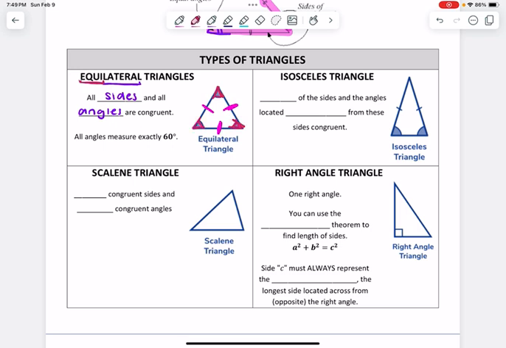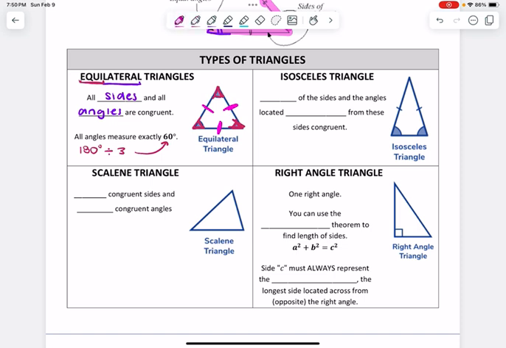Now, we talked about angles in a triangle summing to 180. If all three angles are the same, I can say each angle is 180 divided by 3, which is exactly 60 degrees. So without knowing anything else about an equilateral triangle, other than the fact that it's equilateral, I know that every single angle in that triangle will measure exactly 60 degrees.